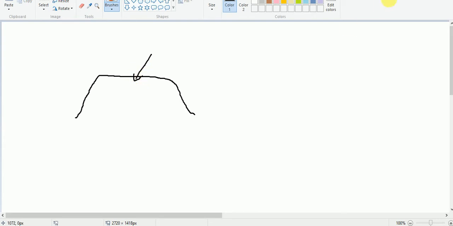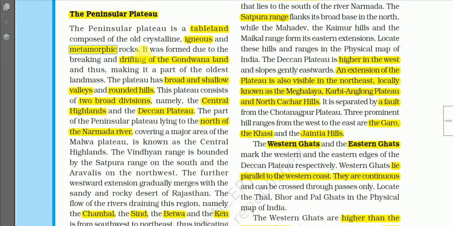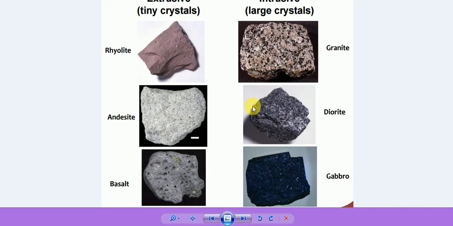So the Peninsular Plateau is a tableland composed of old crystalline, meaning very hard, igneous and metamorphic rocks. We have learned earlier what igneous and metamorphic rocks are, but let me show you one photograph. This photograph shows igneous rocks.